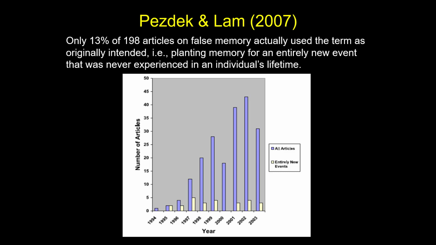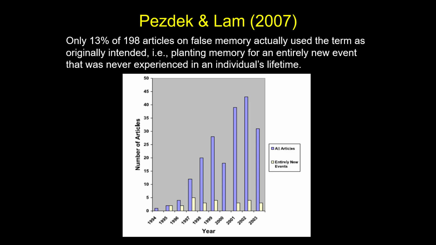Now, just going back to the work of Kathy Pezdek, she and colleagues wrote a review article, and I think this is a very, very important article on the topic of false memory. What these researchers did is they had a method of searching for psychology articles that had all been conducted on the topic of false memory.